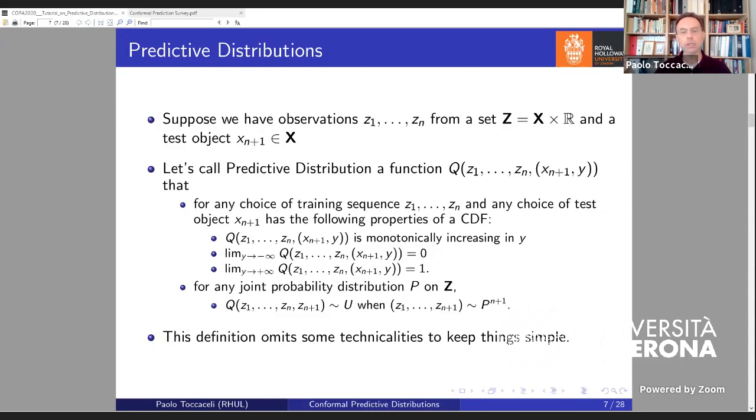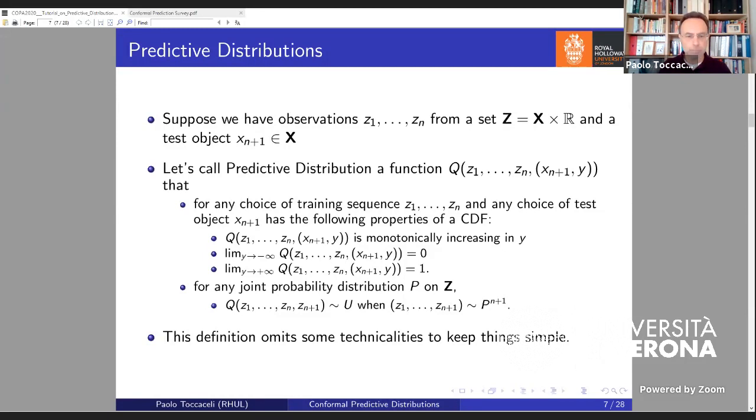And for any joint probability P on Z, the values of Q evaluated on Z1 to Z_{n+1} are uniformly distributed when I draw Z1 to Z_{n+1} IID from P. And I hope that you can now accept this last statement as something that gives the properties of a CDF based on what we just said.